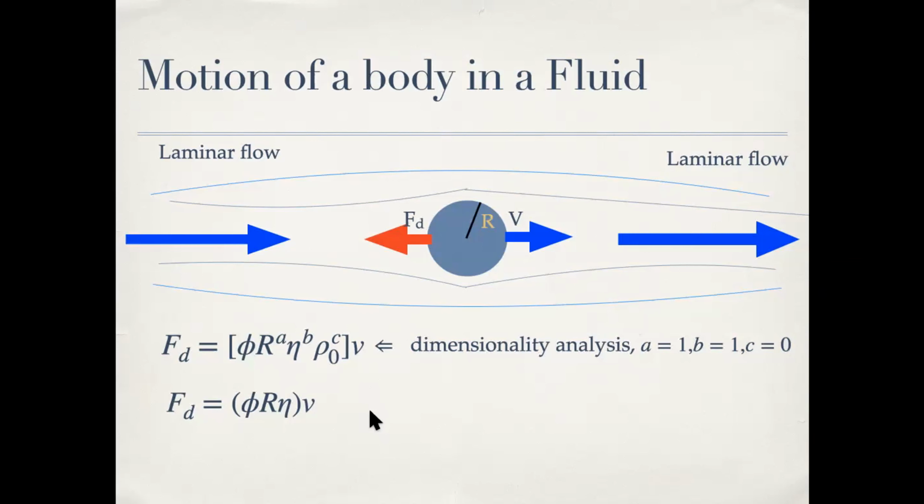As you see, this is the beauty of the derivation of an expression using this dimensionality analysis, because we don't need to do any complicated mathematics, and we got the exact result. The coefficient phi can actually be calculated when one uses the mathematical equations which describe the property of a viscous fluid.